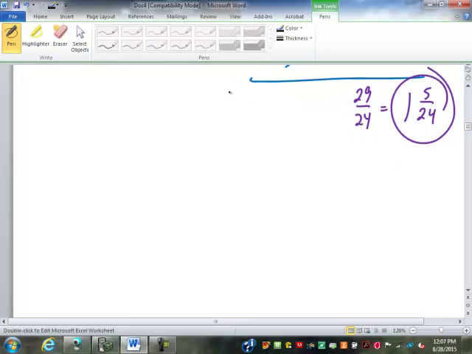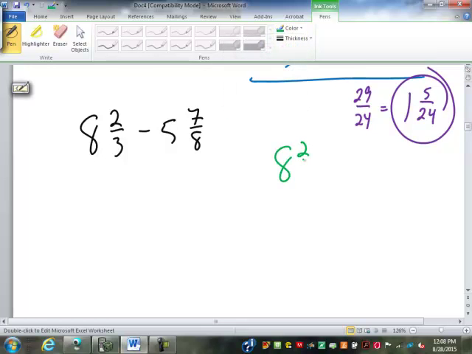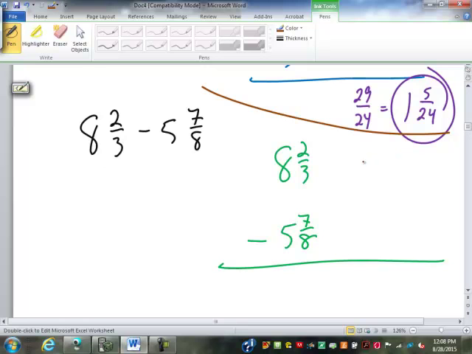Subtraction. We'll have subtraction with fractions and possibly with mixed numbers, so let's just jump to mixed numbers. Let's do an 8 2/3 minus 5 7/8. So what are we going to do here?